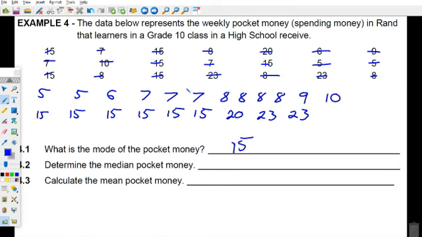6, yes. Okay, so what is the median? The middle. So how many points are there? 1, 2, 3, 4, 5, 6, 7, 8, 9, 10, 11, 12, 13, 14, 15, 16, 17, 18, 19, 20, 21. So what's the middle of 21?